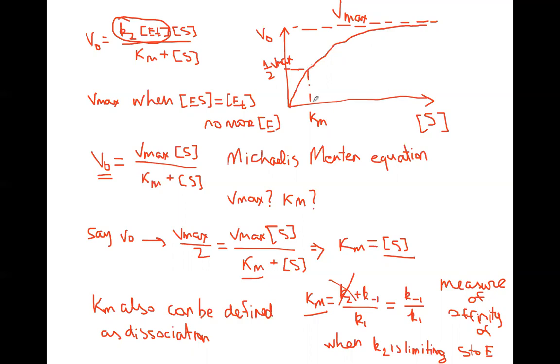So in other words, you want the Km to be small. When the enzyme has a small Km, that usually means that you need very little substrate to achieve a very high reaction rate, right? And secondly, it's a measure of affinity.